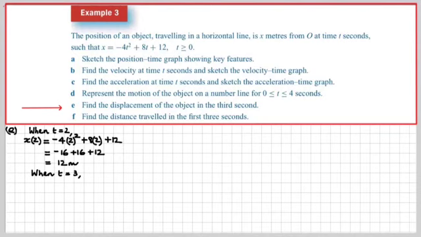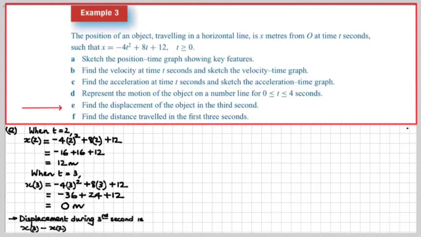And then when t is 3, we get that with 3 substituted in. So therefore, x at 3 minus x at 2 gets us the displacement from the end of the second second to the end of the third second. That gets us the displacement, so it's minus 12 meters.